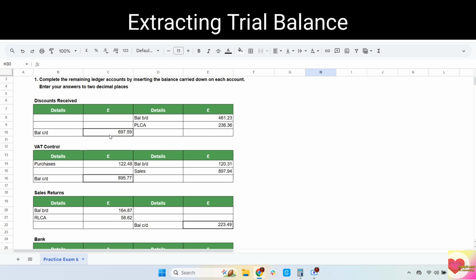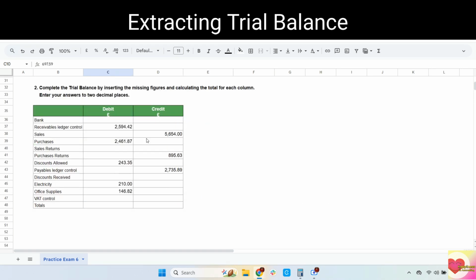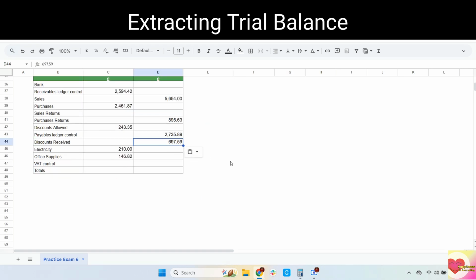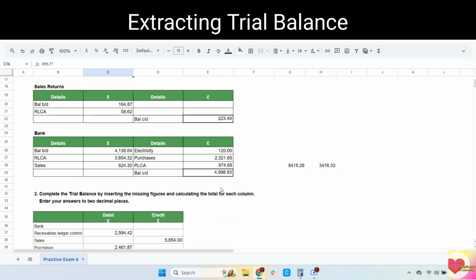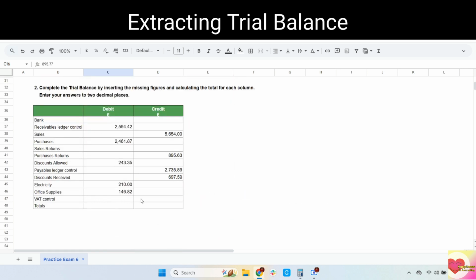So in here, the opposite side is credit, so we will enter this amount to credit. Next is VAT control account. Our balance carried down is in debit, so our balance brought down will be on the opposite side, which is credit. So let's enter this amount in credit.